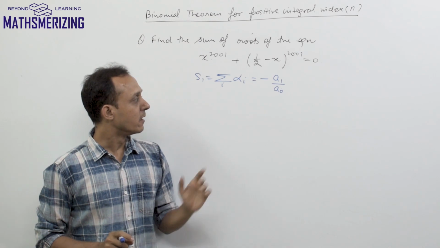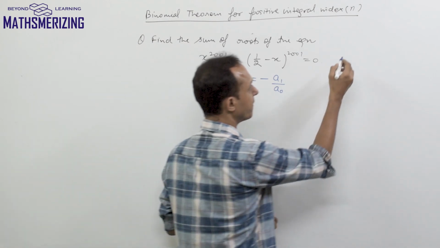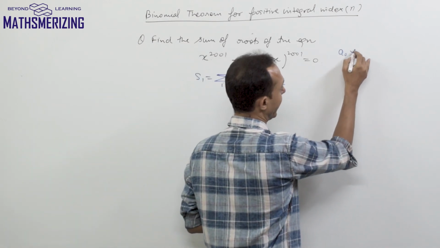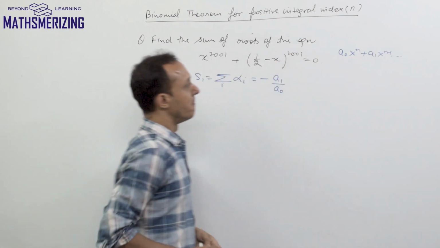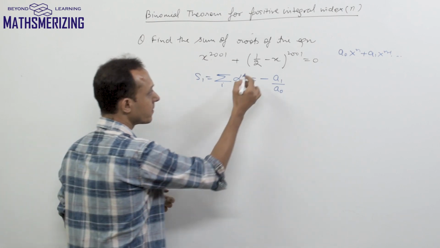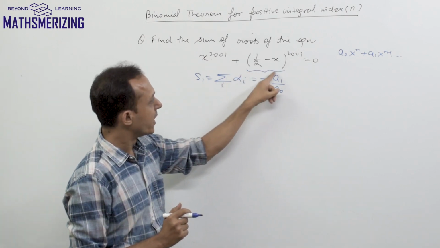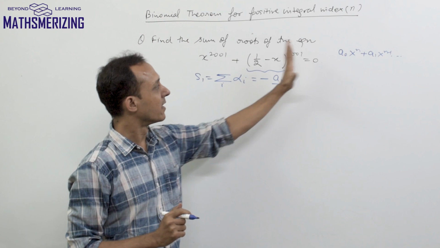than the highest power. Suppose it is a polynomial of degree n, so I can write a naught x to the power n plus a1 x to the power n minus 1. So I'll write the expansion of this binomial series and just write the last few terms.